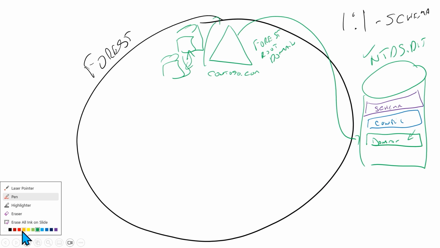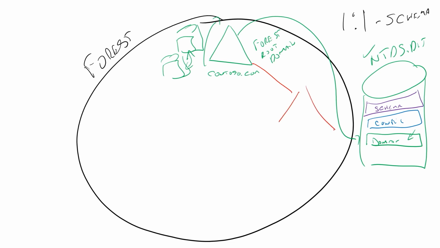So I'm going to create, I hate to do red, but if you don't mind, I'm going to create a red domain. And I'm going to call this emea.contoso.com. So now we're forming a thing called a tree. A tree is a group of domains that share a common namespace.